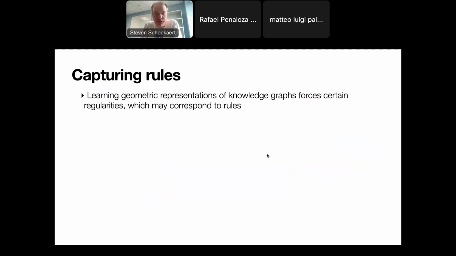To summarize, we want to learn geometric representations of knowledge graphs, and depending on the kind of model we use, how exactly we represent relations, we are encoding certain types of regularities or inductive biases, and somehow this connects to rule-based knowledge.